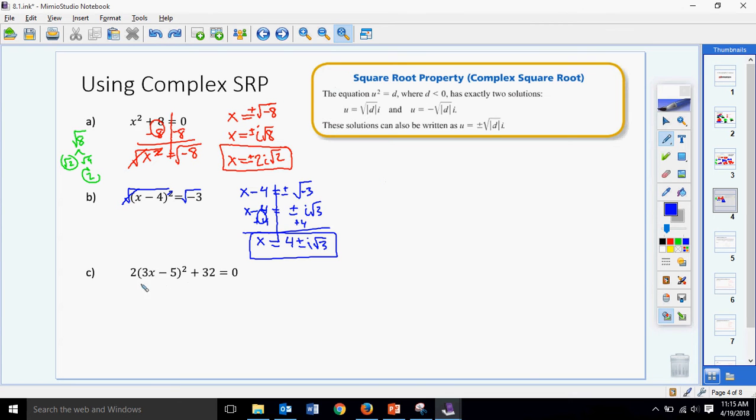All right, down here, my square isn't isolated yet, so I first want to subtract 32. Then I need to divide by 2.